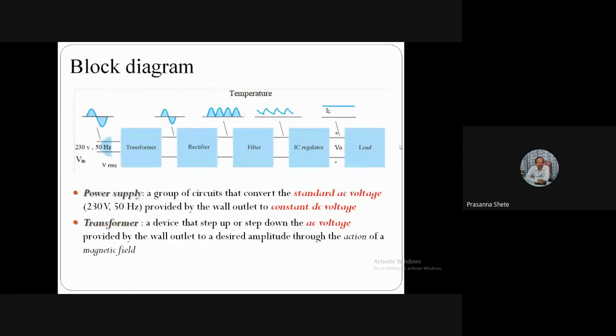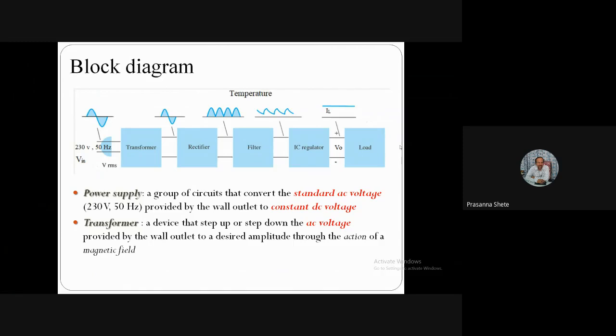This is the basic block diagram of a voltage regulated DC power supply. You can see on the screen there are 5 blocks. First one is the transformer, where we have a step down transformer in which the input is an AC voltage and the output is again an AC voltage, step down in nature.